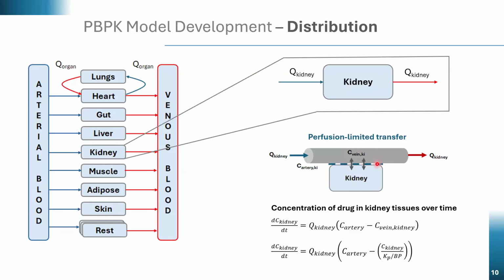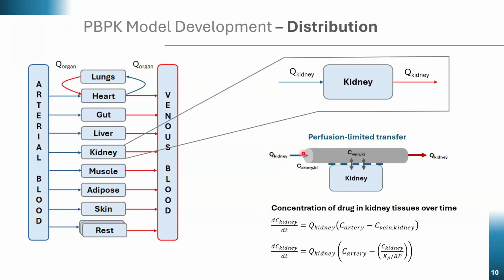Because the barrier is highly permeable, drug that gets to this region can easily enter the kidney. What that means is that the amount of drug in the tissue is determined by how much blood is flowing to that part.